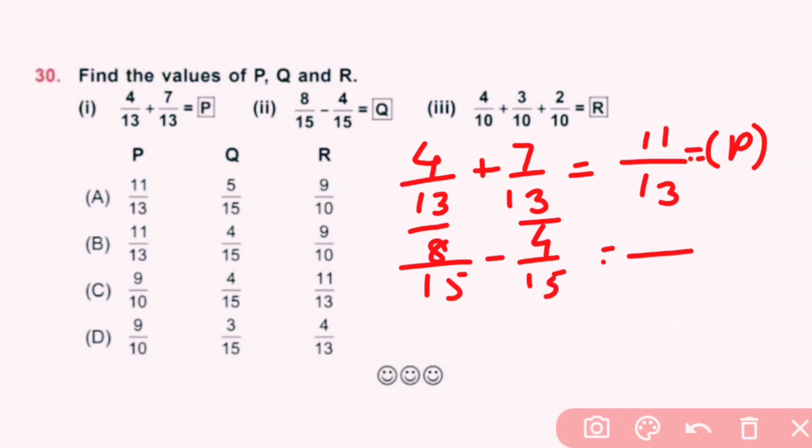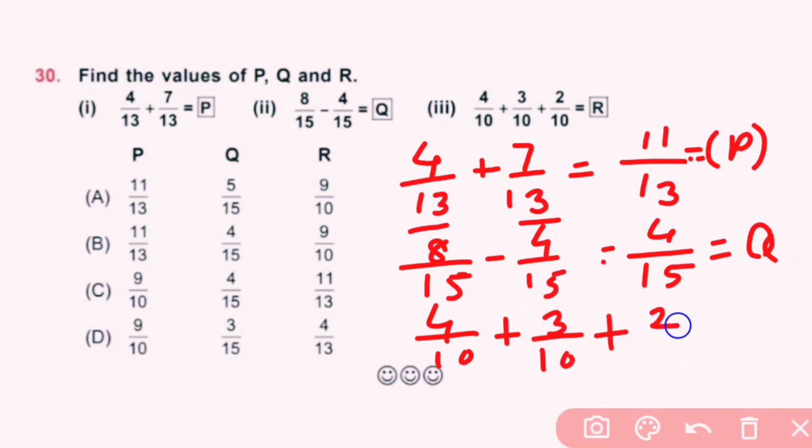Here also their denominator are same, so we can directly subtract. 8 minus 4 is 4 is Q. And 4 plus 10 plus 3 plus 10 plus 2 plus 10 is equal to, here so 4 plus 3 plus 2 is 9. This equal to R. So B is correct answer.